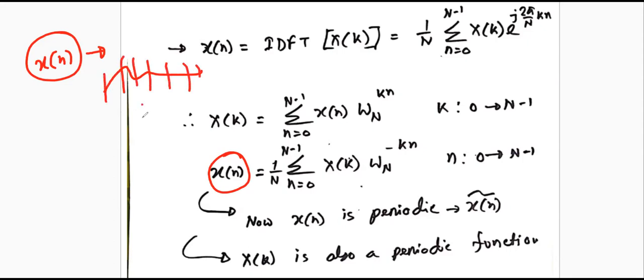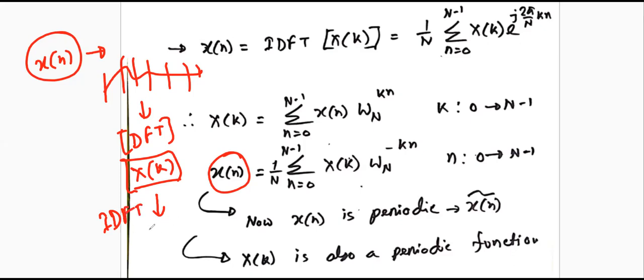And whenever we pass it through the discrete Fourier transform process, we get xk, which is a periodic signal. Now, whenever we are dealing with the inverse discrete Fourier transform, at that moment we find xn back. However, that is a periodic signal.